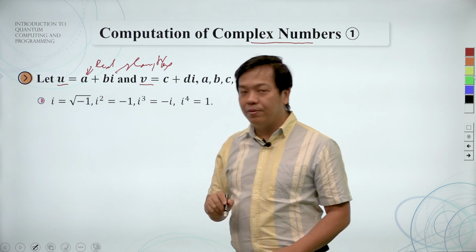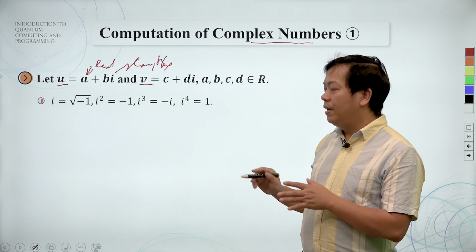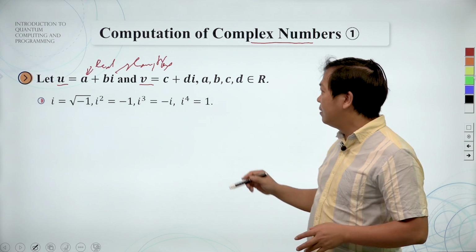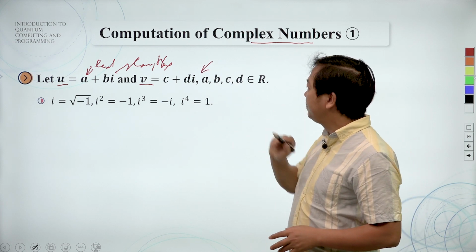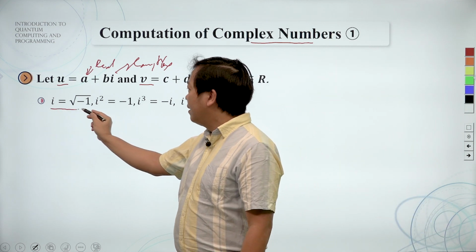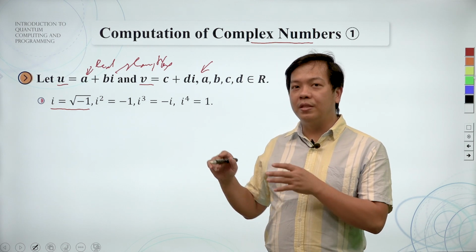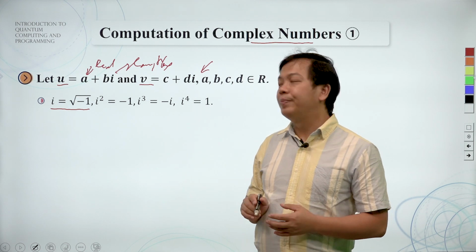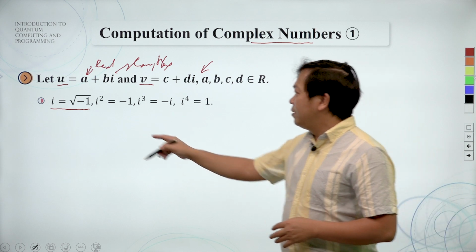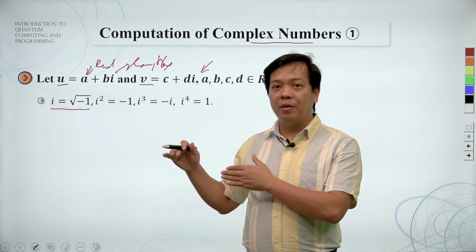Now, based on these values, I hope you remember this i. Remember, i is equal to the square root of minus 1. And i squared is equal to minus 1.